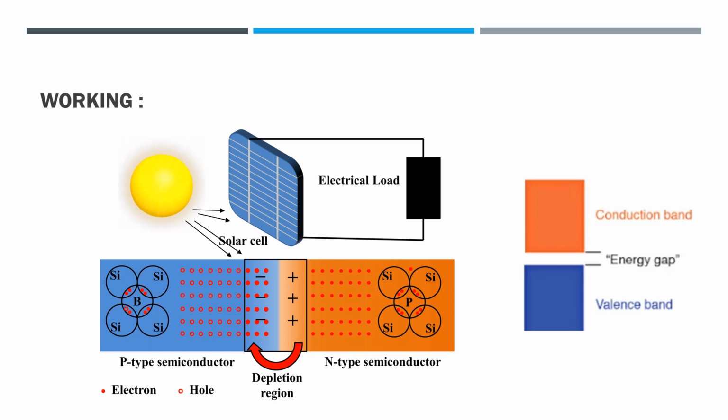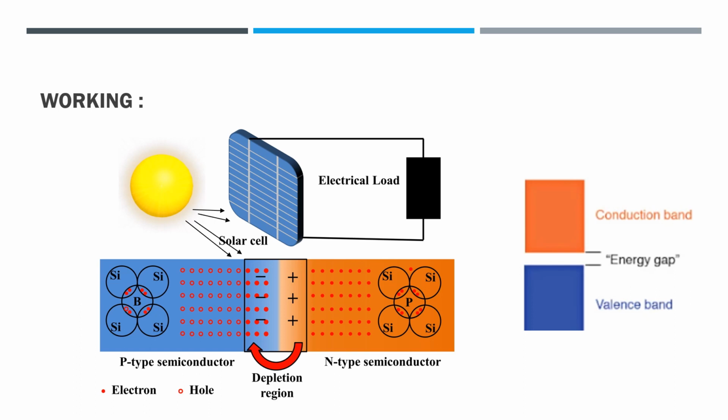When the n-type and p-type materials are joined like this, some electrons will cross the boundary and fill the holes in the p-type, and holes are created in the n-type. The holes are positively charged and the electrons are negatively charged, and the region developed by them is called the depletion region.